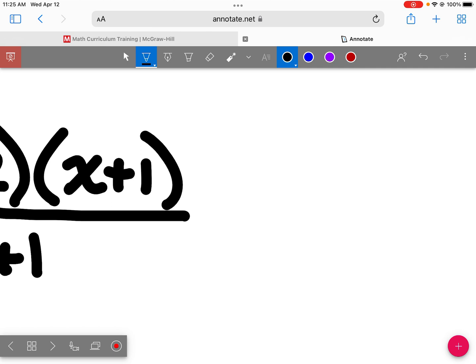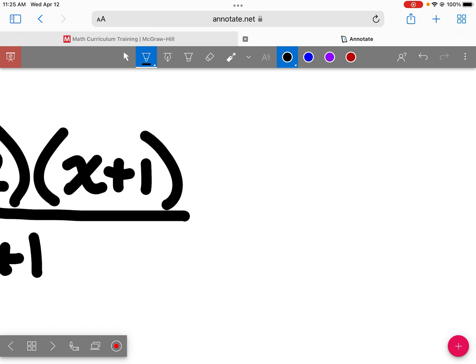We multiply every single term by the LCD. So here's my LCD. I multiplied the first fraction by that. So I have 2 times my LCD, x minus 2, x plus 1. All I did was just rewrite that here over that same denominator. And then I did that over here because we multiplied this one by the LCD.